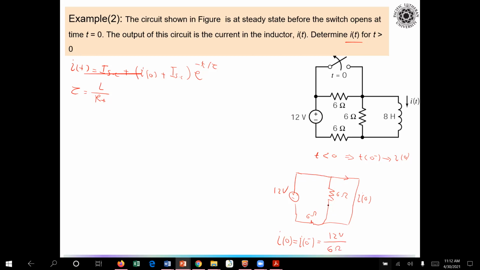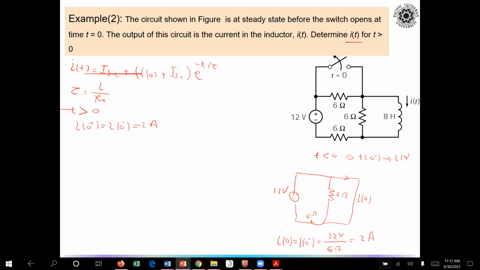This other current will be cancelled because the voltage is 0, so I have 2 amps. That's the first part, we get our first element from our formula. For the second period, where t is larger than 0, i(0 plus) equals the current before opening the switch, equal to 2 amps.